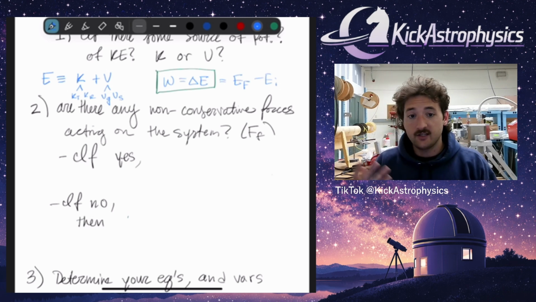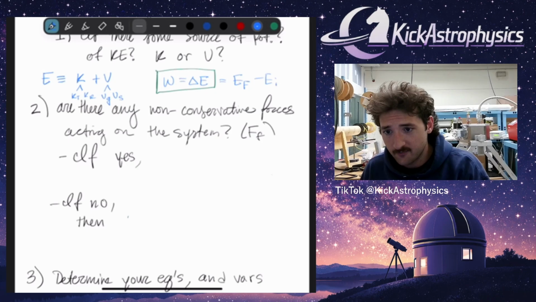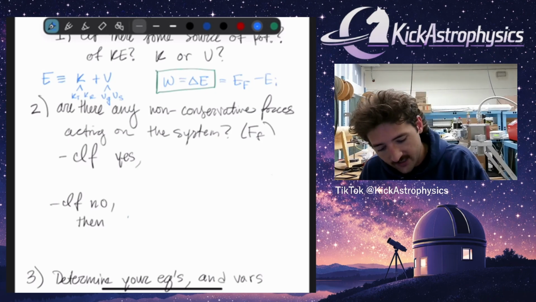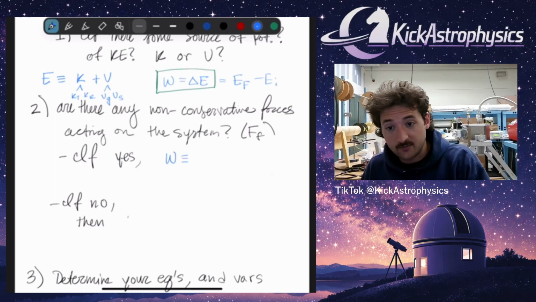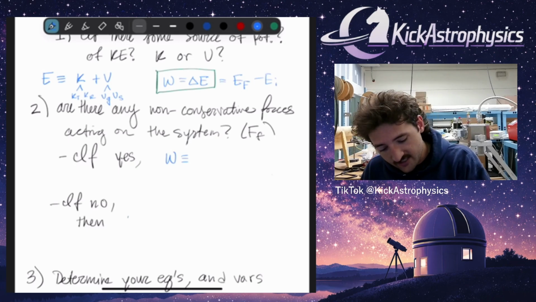So if we look at a problem and it has friction, for example, we can basically write down that if there's friction in our problem, then the work is equal to, or represented by, that's what that three-bar symbol means, F times D times cosine theta.